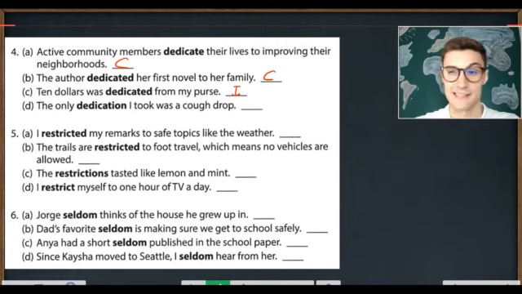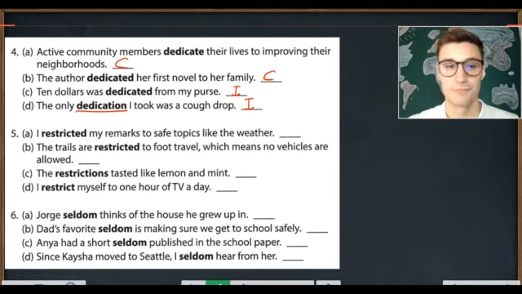That does not make sense. D. The only dedication I took was a cough drop. Incorrect. So this should be the only medication, not dedication. The only medication I took was a cough drop. Yes. Dedication? No.